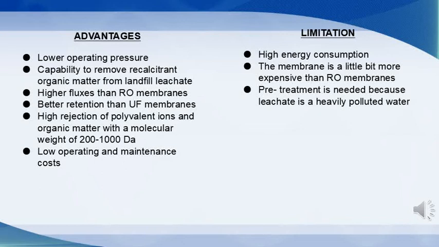As for the limitations, it requires higher energy consumption. The second one, the membrane is a little bit more expensive than reverse osmosis membrane. And the last one, pretreatment is needed because leachate is heavily polluted water.